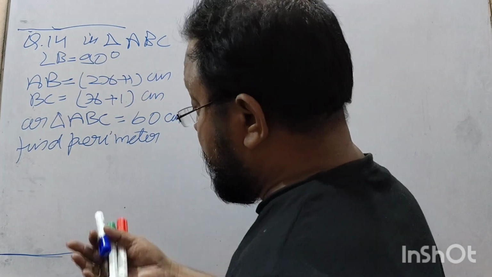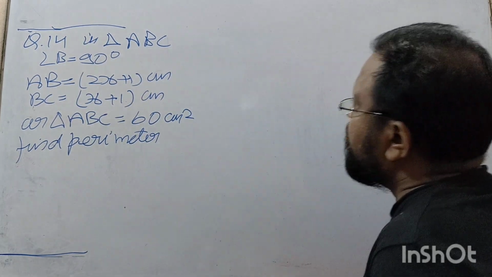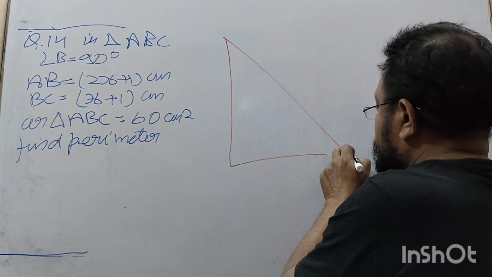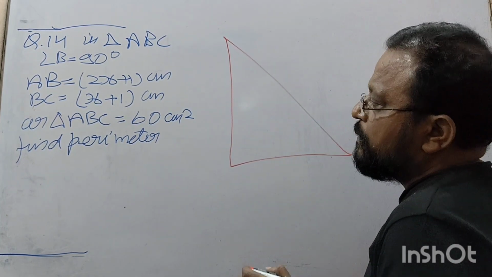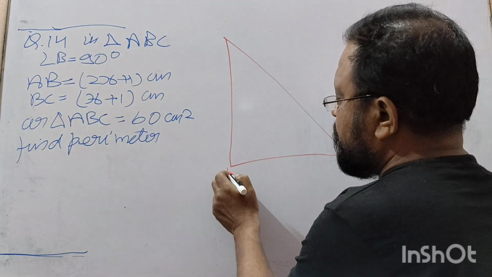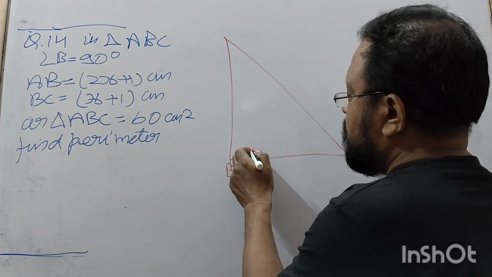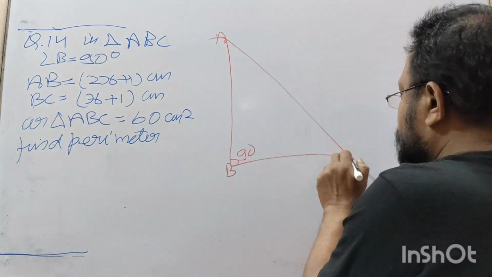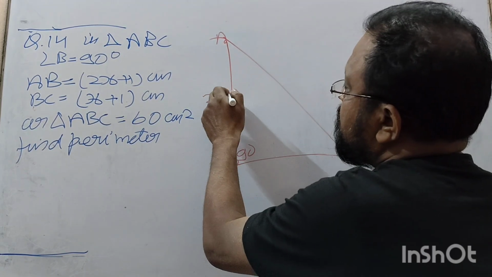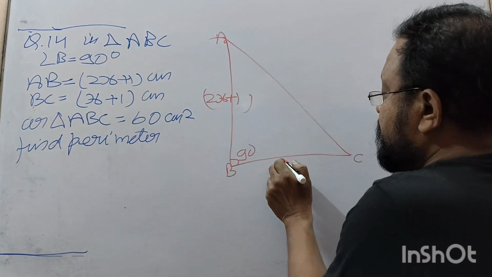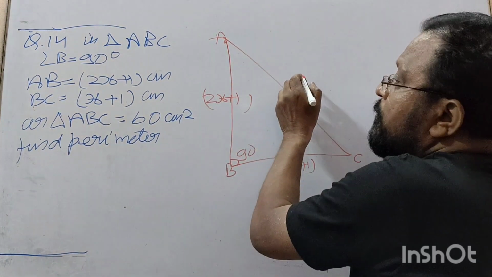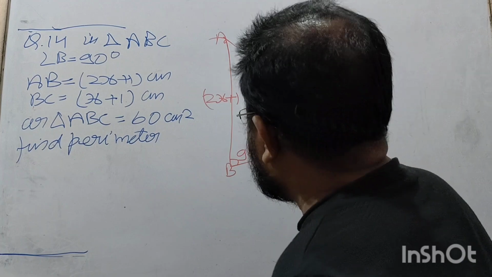So this is a right angle triangle, where angle B is 90 degree. AB is 2x plus 1 and BC is x plus 1, and we have to find the perimeter.